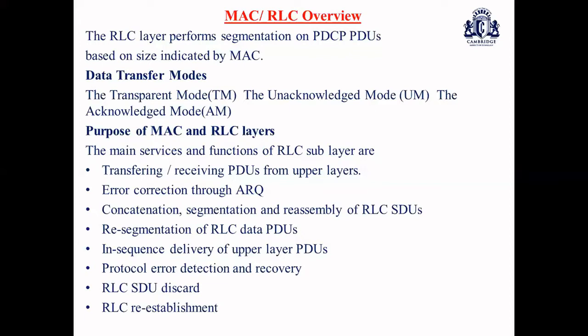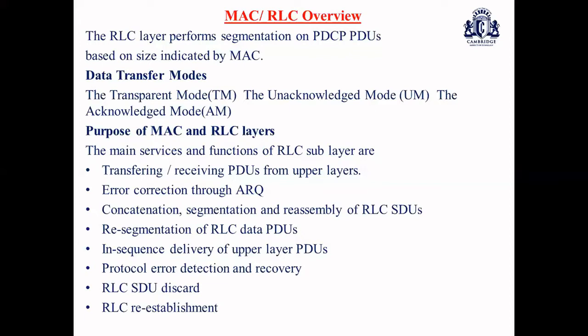The major functions of the MAC sublayer are to map the logical channels and the transport channels, and multiplexing and demultiplexing of MAC SDUs belonging to one or different logical channels into or from the same transport block. All this mapping should be done by the MAC sublayer. Scheduling for both downlink and uplink transmission is also done by the MAC sublayer.